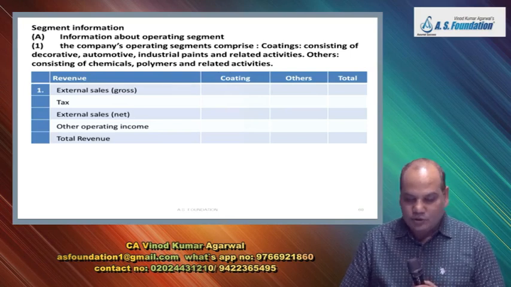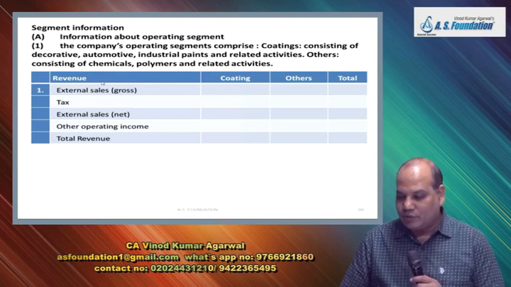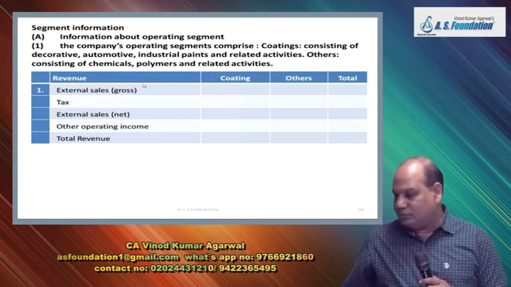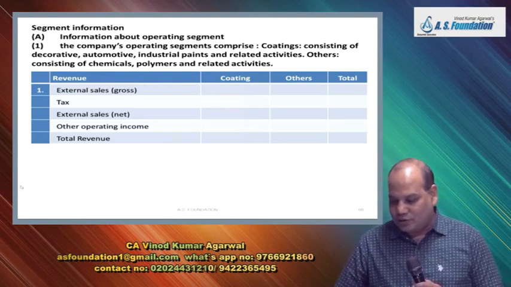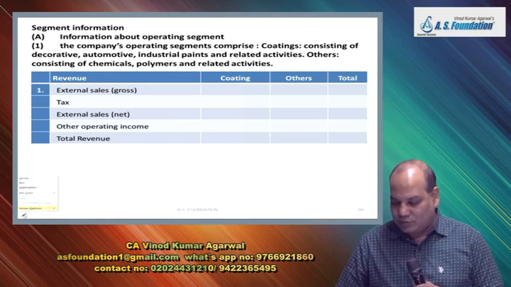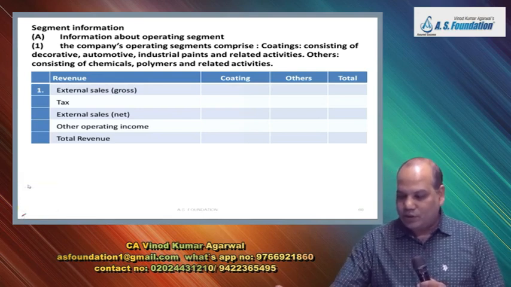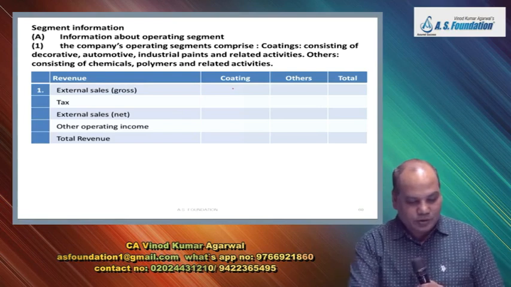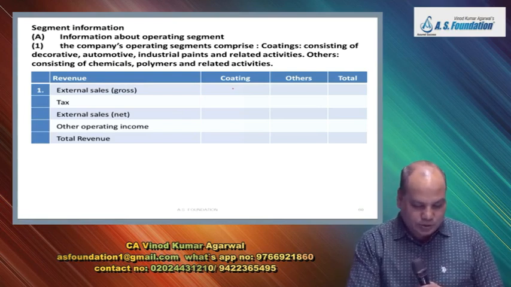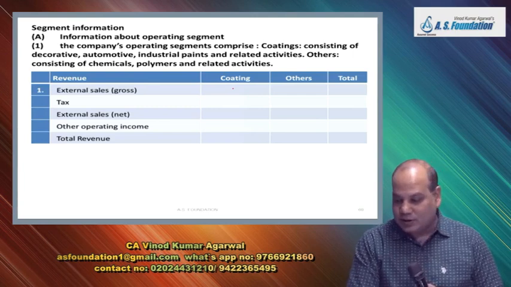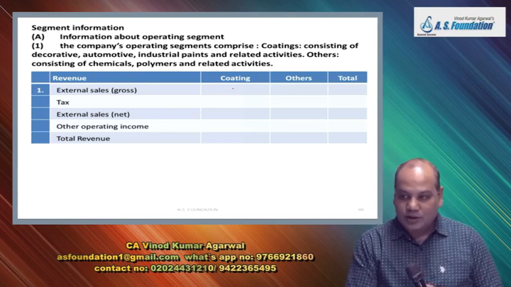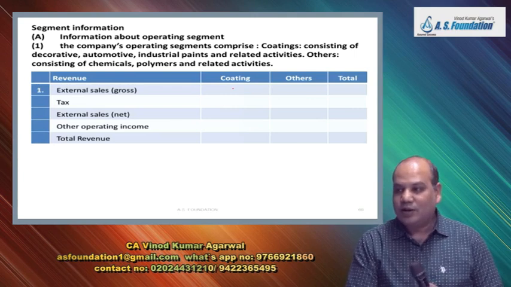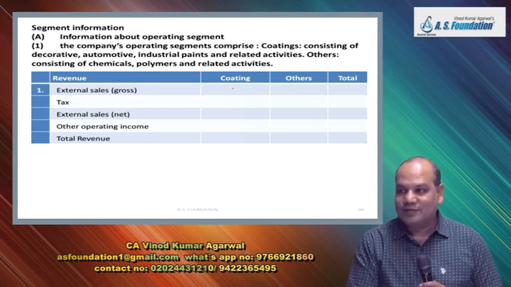Now first you have to give disclosure about revenue. So you will follow on the screen how to give disclosure about revenue. You have to give revenue from external sale. First column in the question is external sale and next column is tax. Which tax is that? Indirect tax or direct tax?